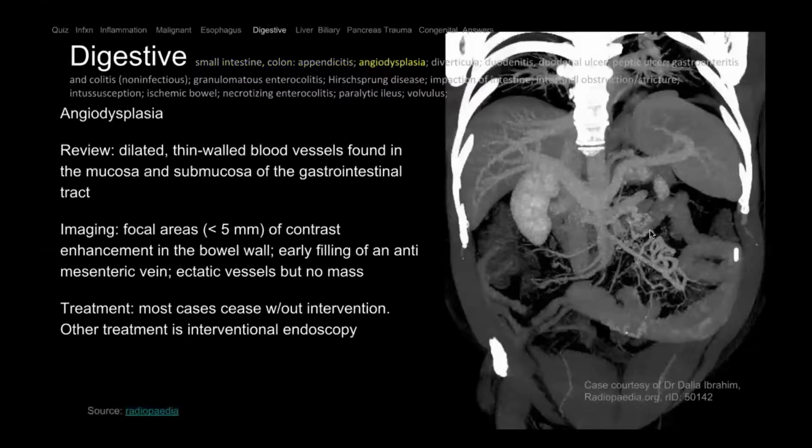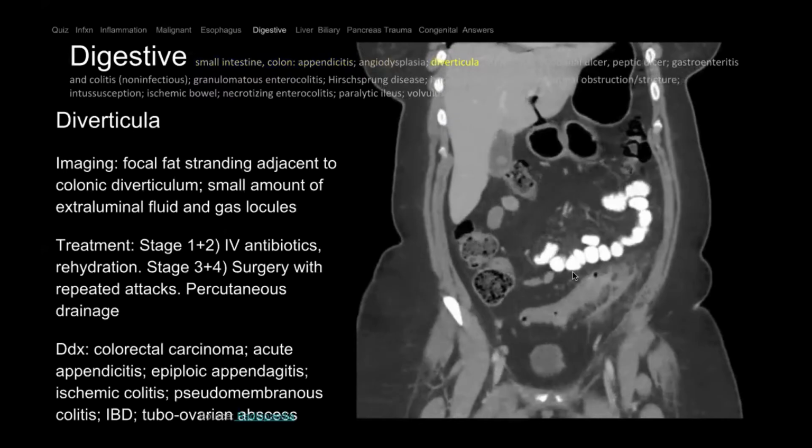And that's important because it can bleed sometimes and cause GI bleeding. So if we find that, then interventional radiologists go in and embolize this. Just like we saw the embolization of the liver mass, they can do the same thing, but target it to the abnormal tangles of vessels.